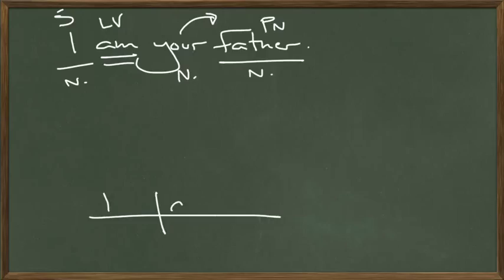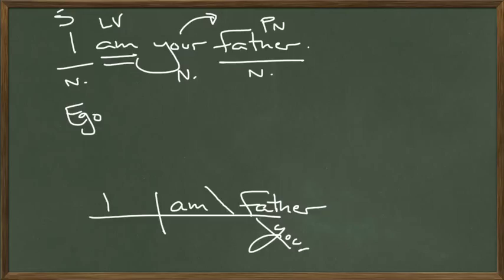Diagram it. I am. What am I? I am father. I am whose father? I am your father. And in Latin, ego is I, sum is I am, pater is father, and of course it's masculine, so we'll make this adjective tuus.